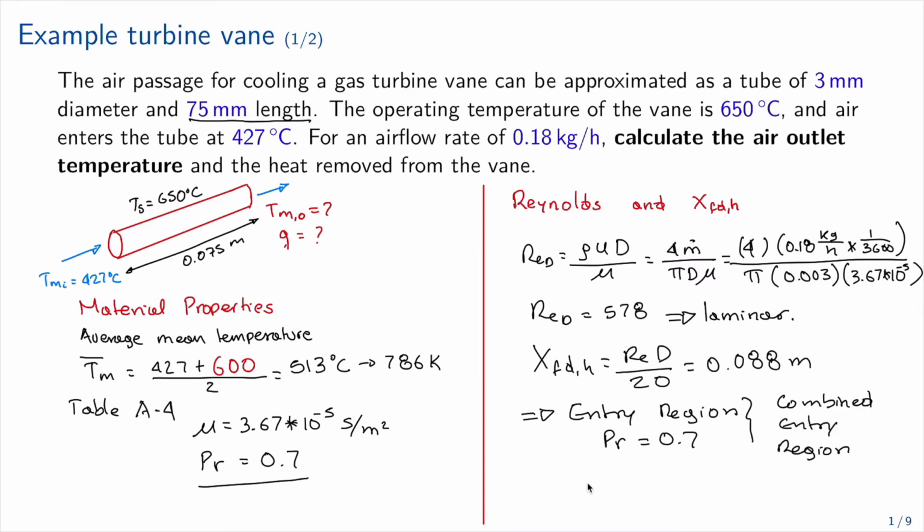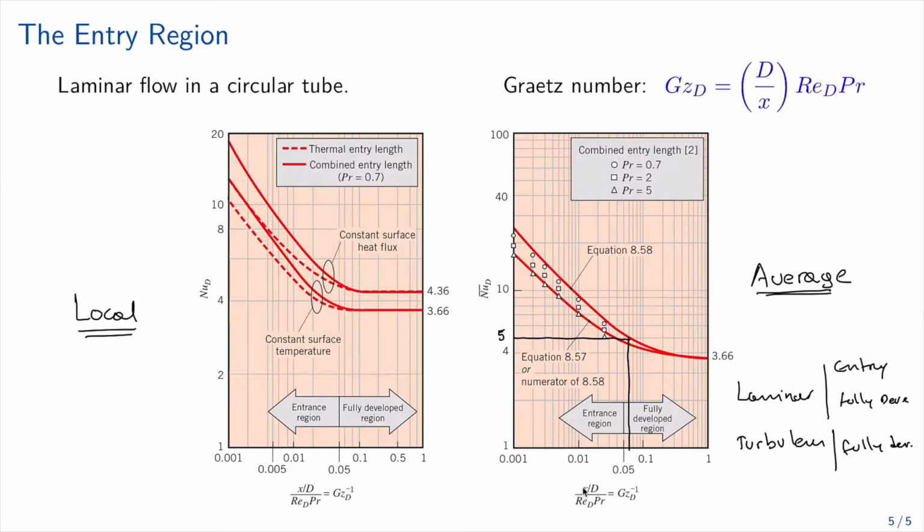Now that we know that we are in the entry region, we need to compute the Nusselt number using the corresponding correlation. We compute the Nusselt number using the entry region diagram, which is in terms of the Graetz number.